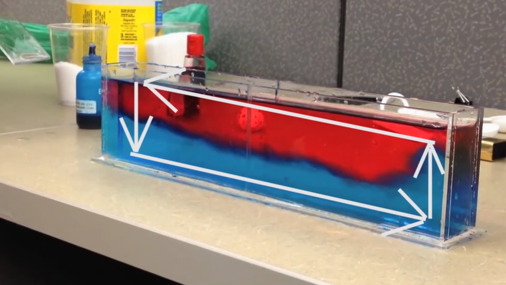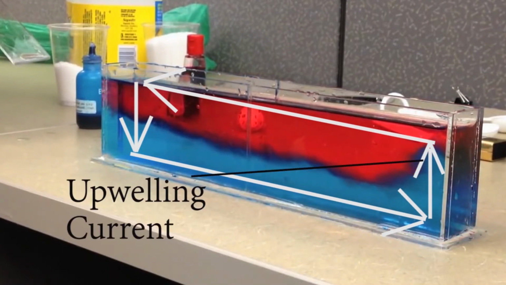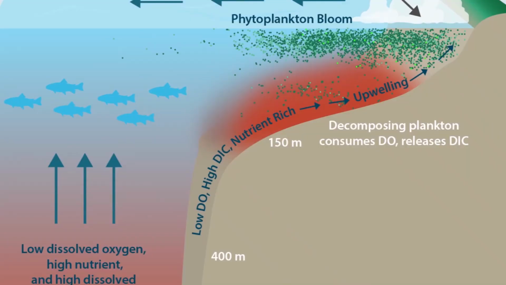By the way, this current coming from the bottom of the ocean to the top is what we call upwelling current. It is very rich in nutrients because it comes from the seafloor, which has a lot of sediments and debris of organic matter like dead plankton.